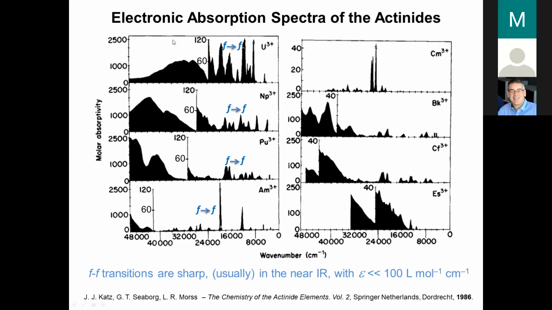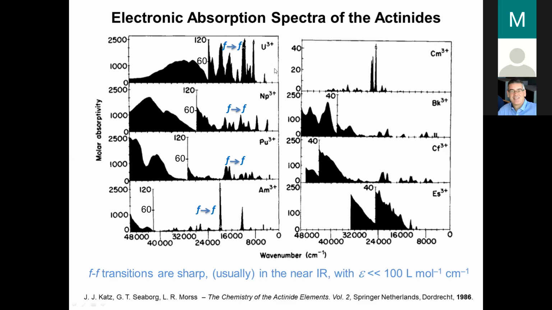Each of these spectra consists of two sections which have two individual molar absorptivity axes, or molar extinction coefficient axes. For the f-f transitions on the right, we have our axis right here, and it ranges up to 120 liters per mole centimeter.